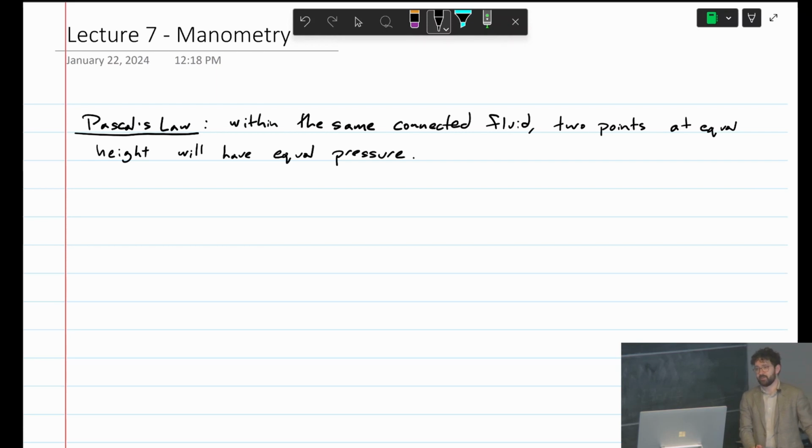So it doesn't really matter how the fluids are connected. It could be connected through a tube, but they have to be connected.